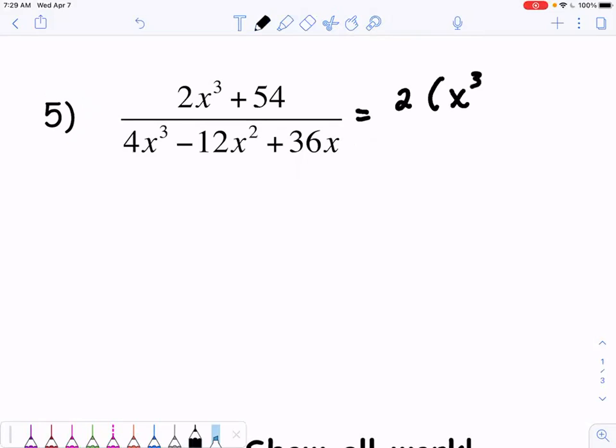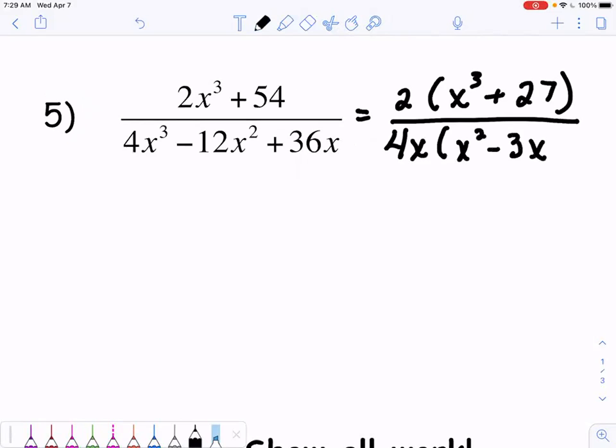When you pull out a 2, that leaves you with 27 inside. 27 is a perfect cube. Ella, in the denominator, what could we pull out there? So then we have x squared, 3x, and plus 9.